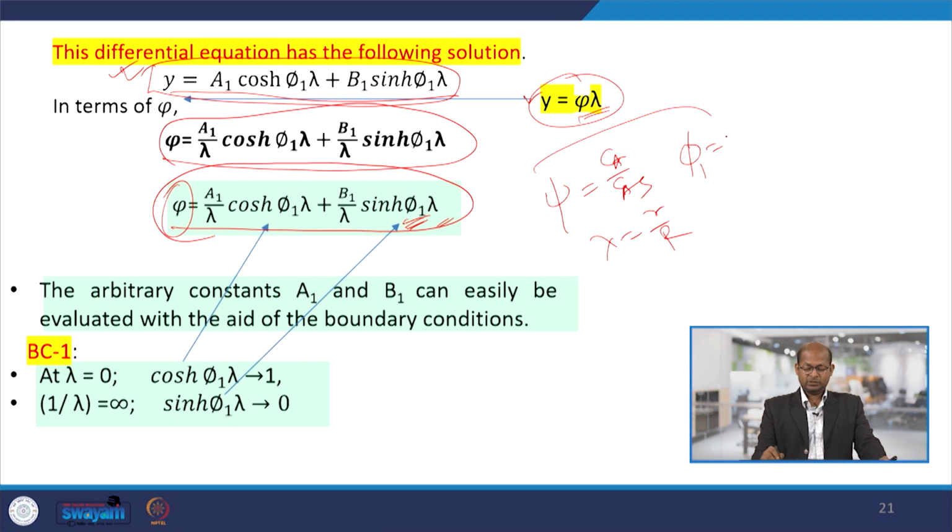These are the components in these equations. There are another two terms, b 1 and a 1, which are constants we have to find out by using boundary conditions.